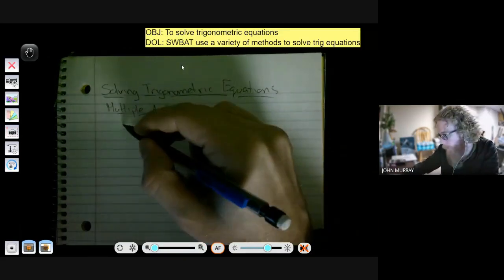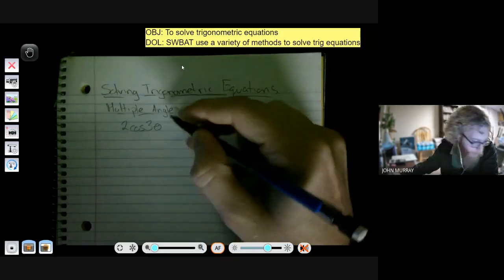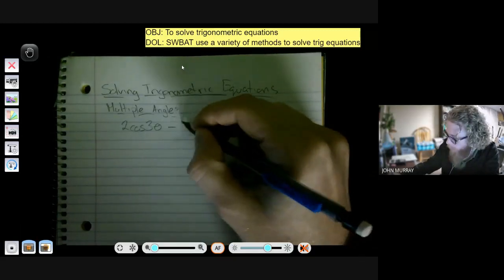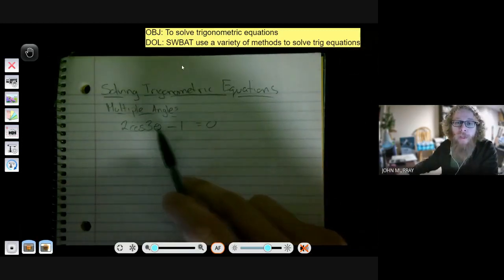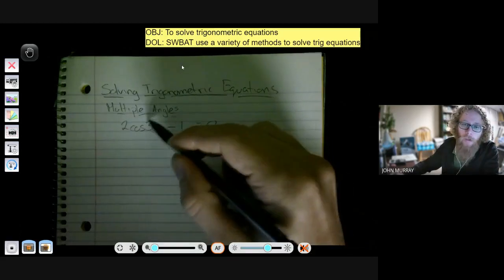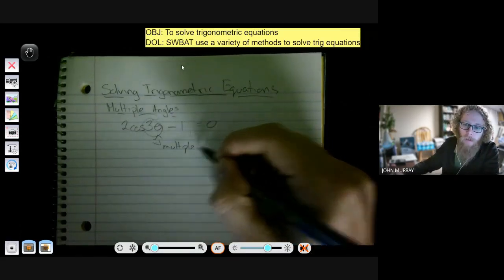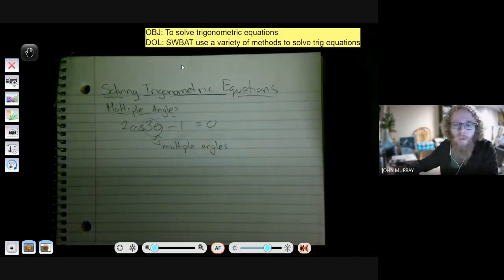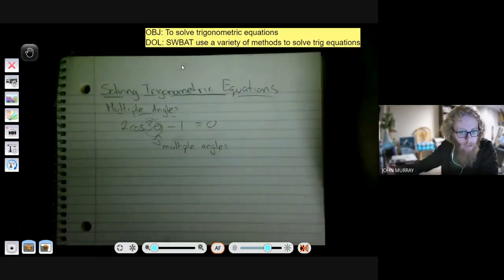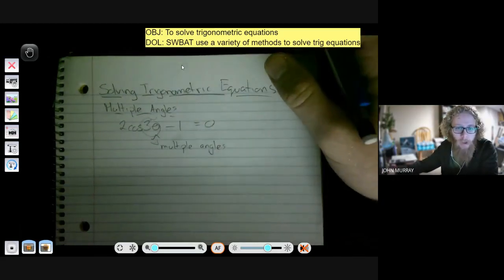So if I have the problem 2 cosine of 3 theta minus 1 equals 0, this part here is what's considered multiple angles because we are multiplying our variable inside with the cosine.